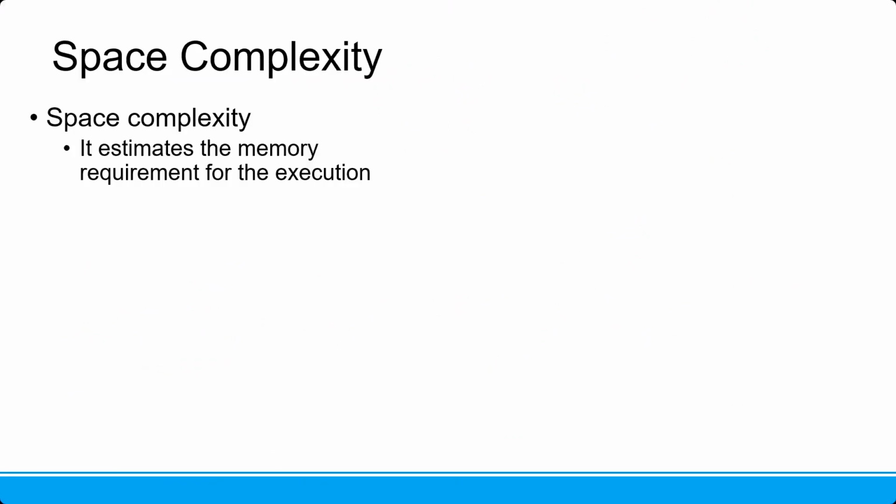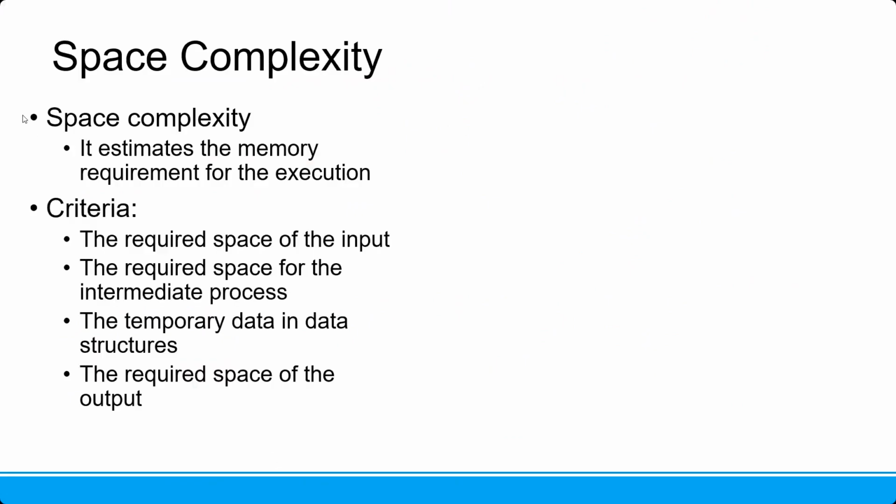This is for the function of n, the complexity for time, and we also have the space complexity. Space complexity means we will estimate the memory requirement for the execution. So how much space do you need to save your data? The criteria is the space of the input. Let's say I have 5 data, 1, 2, 3, 4, 5, then the space will be n.